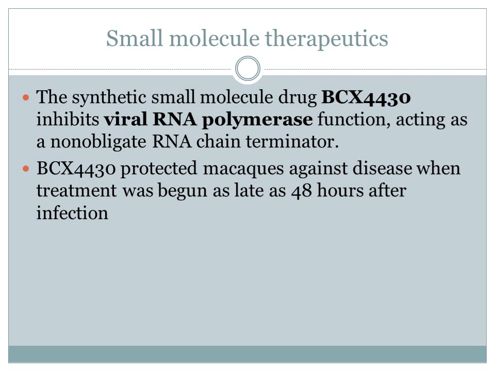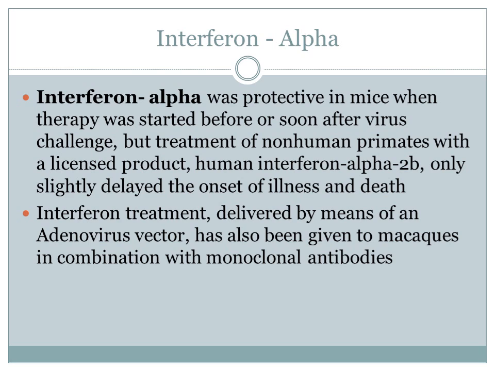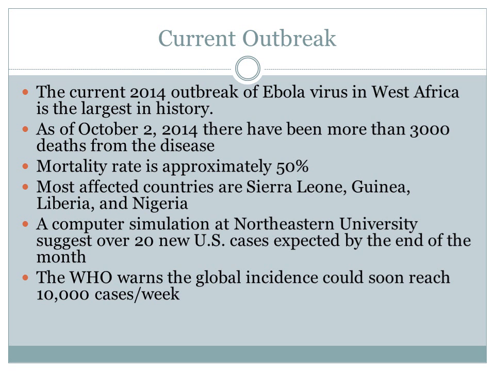There's also this new drug, BCX4430, a viral RNA polymerase inhibitor, directly inhibiting that RNA polymerase. That's shown some promise when given as late as 48 hours after infection. Monoclonal antibodies, like ZMapp, are showing some promise. And interferon alpha treatment, which has been used in some other diseases, is kind of iffy as to its efficacy.